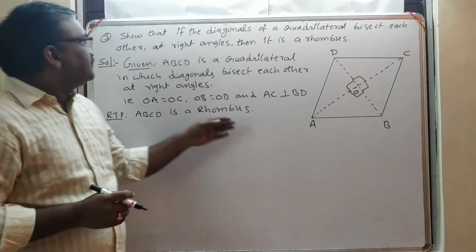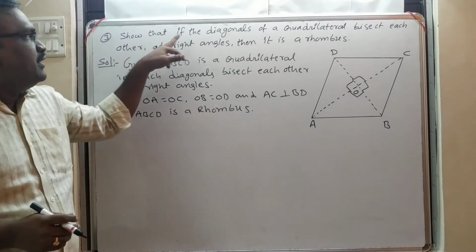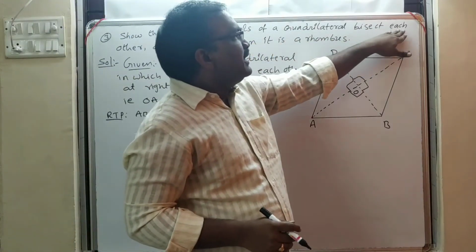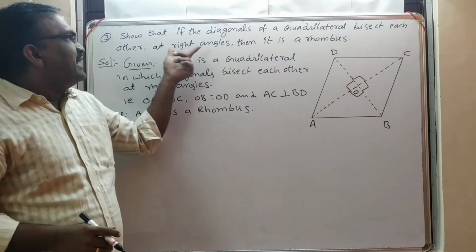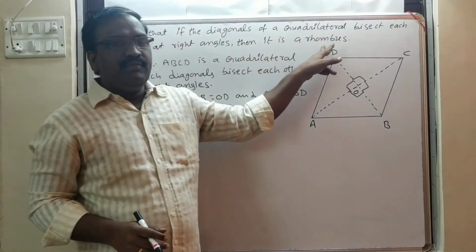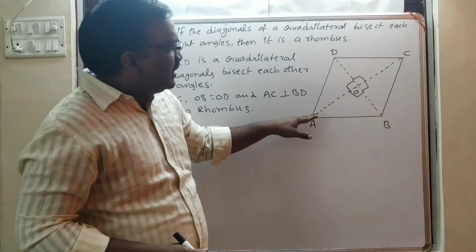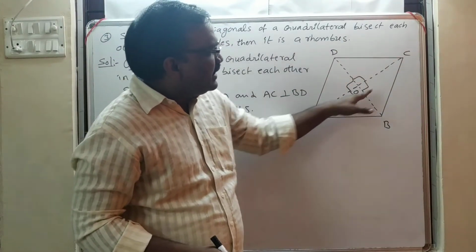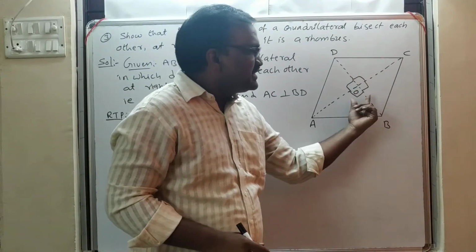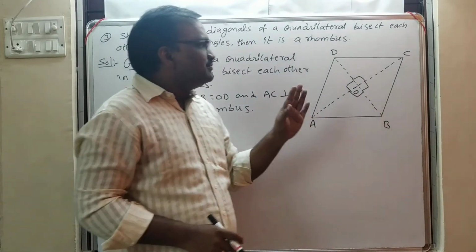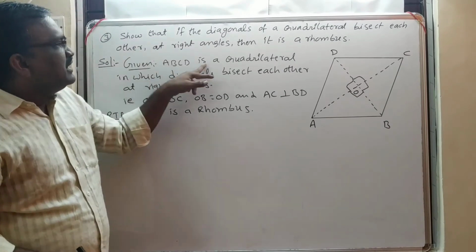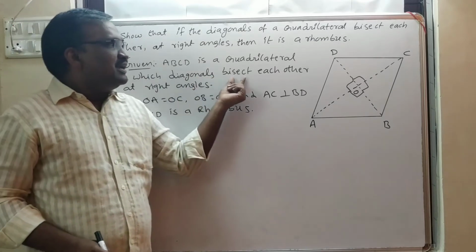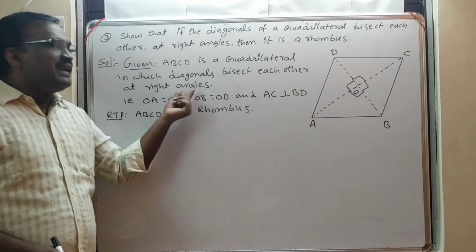The next problem. Show that if the diagonals of a quadrilateral bisect each other at right angles, then it is a rhombus. Take a quadrilateral ABCD in which the diagonals bisect each other at right angles.